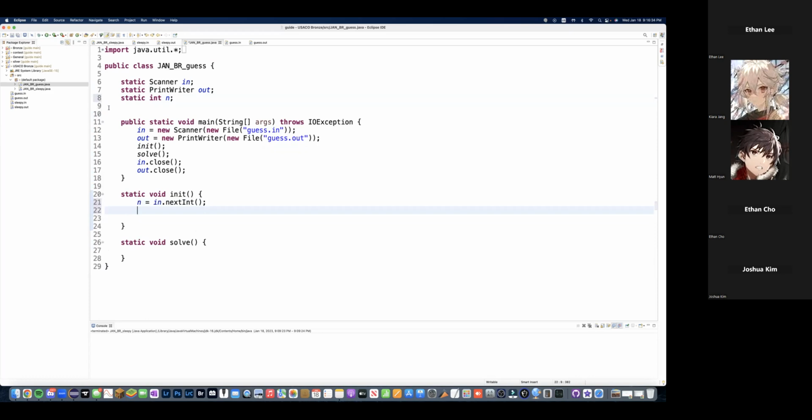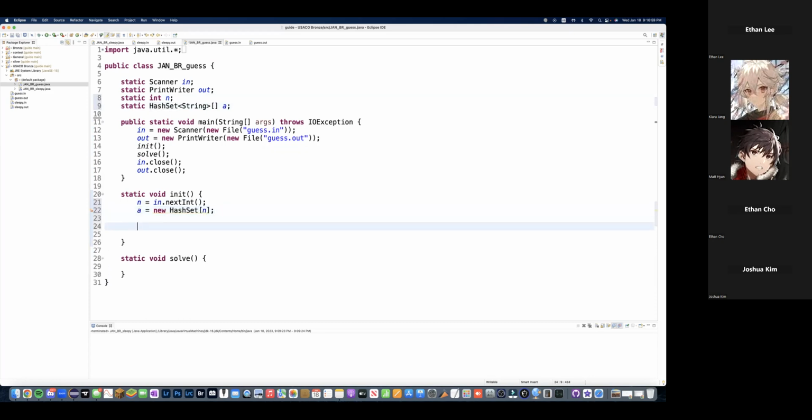And what we're gonna do here is go out on a limb and make an array of hash sets. I'll explain further why I made an array of hash sets very soon. As soon as I initialize it, I will show you why that makes sense. And we're going to initialize it here, equals new hash set, n.